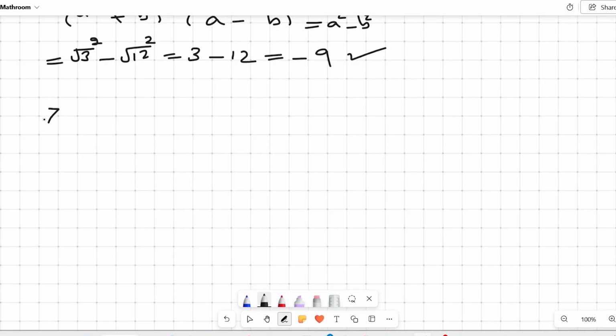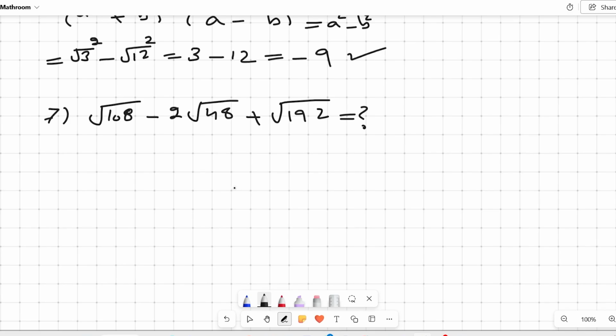So question number 7. The square root of 108 minus 2 times the square root of 48 plus the square root of 192.